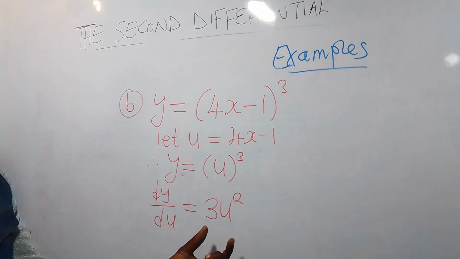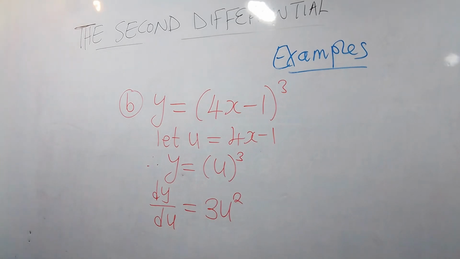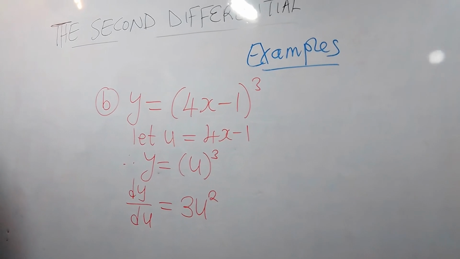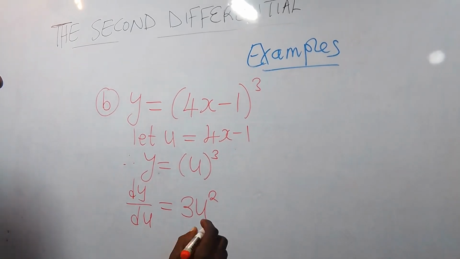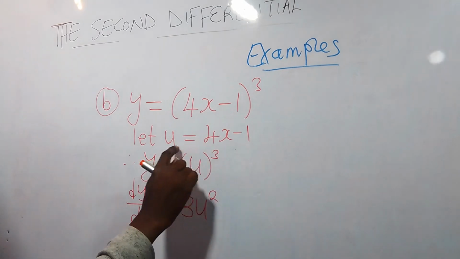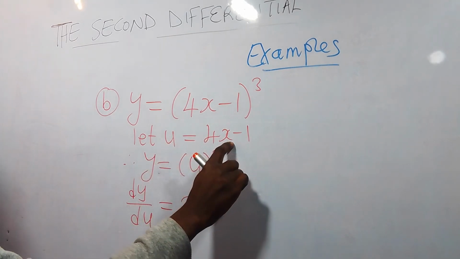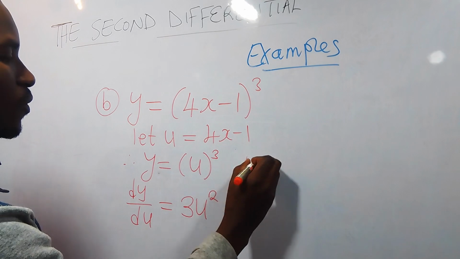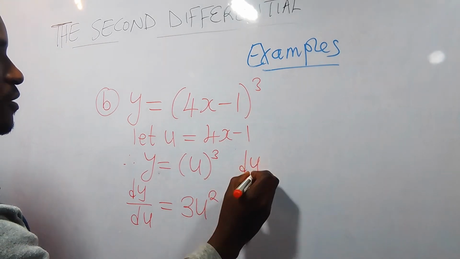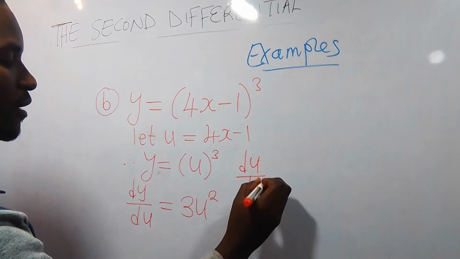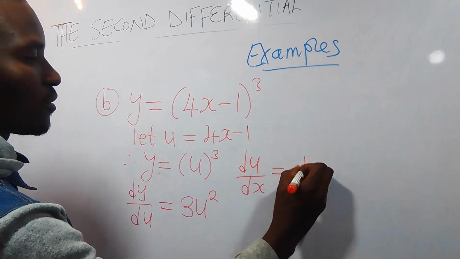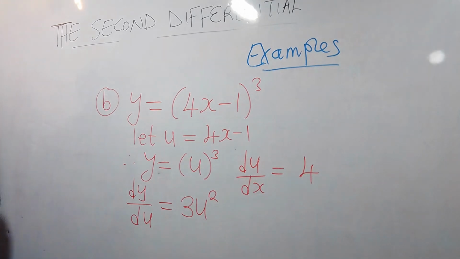So you have differentiated that one. The other part is to differentiate the function of u with respect to x. So du over dx equals, this one is just going to be 4.